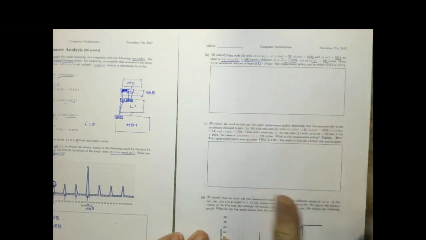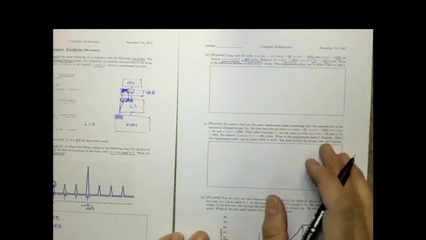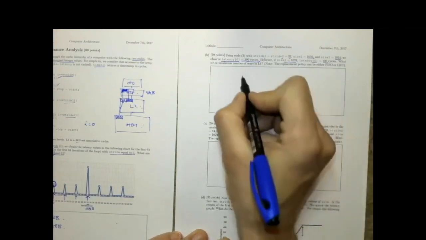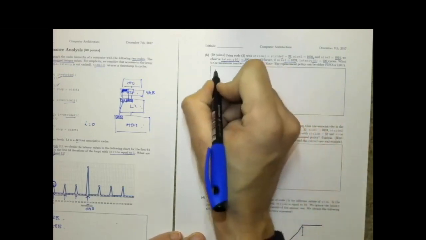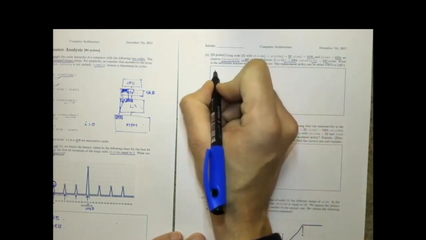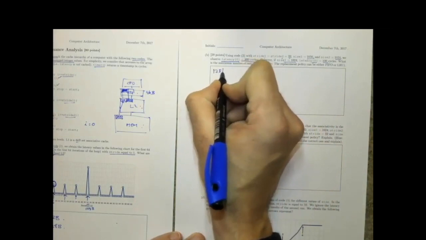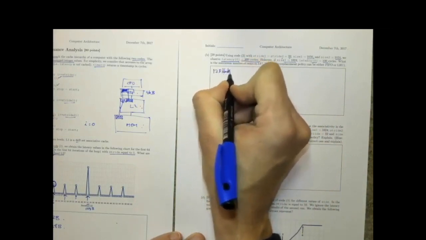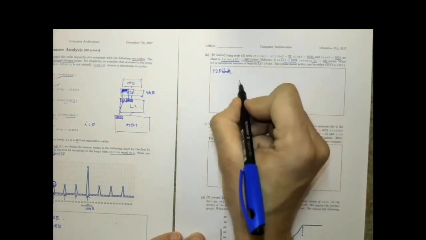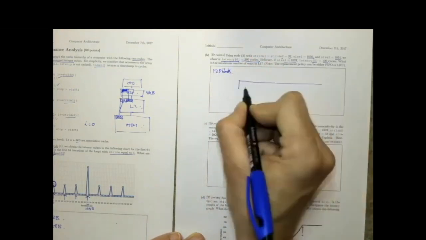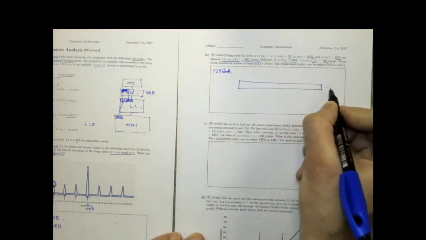We can assume that the replacement policy is FIFO or LRU for now. So because we know the size of the cache, we know that there are 128 blocks in the cache, and we also know how we are accessing this array data, right?